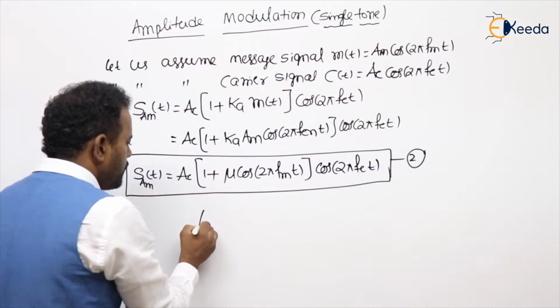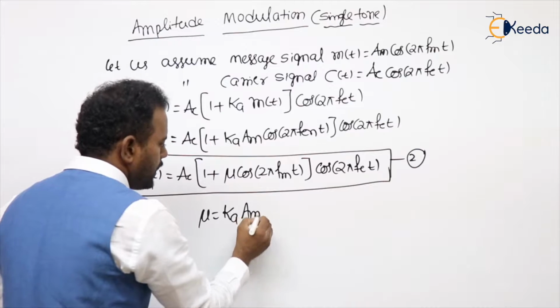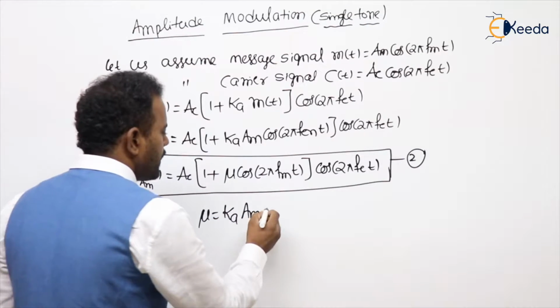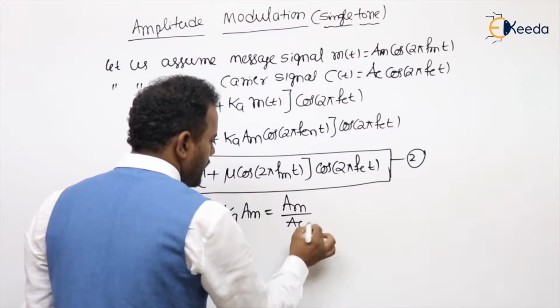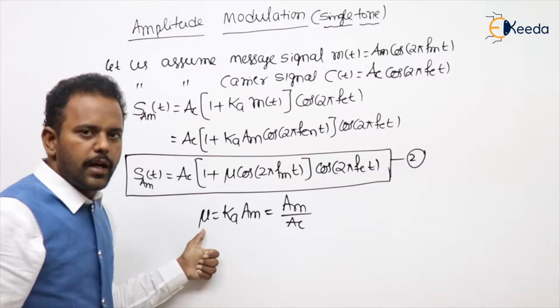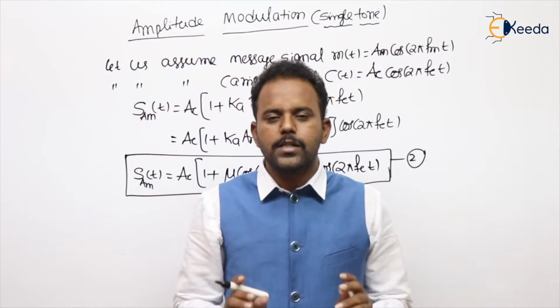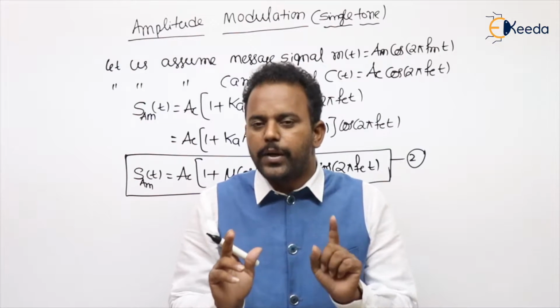So what is mu? Mu equal to Ka into Am. What is Ka? We already know mathematically it is 1 by Ac, so I can also say mu is Am by Ac. Why are we introducing the mu term? It is to understand envelope detection.